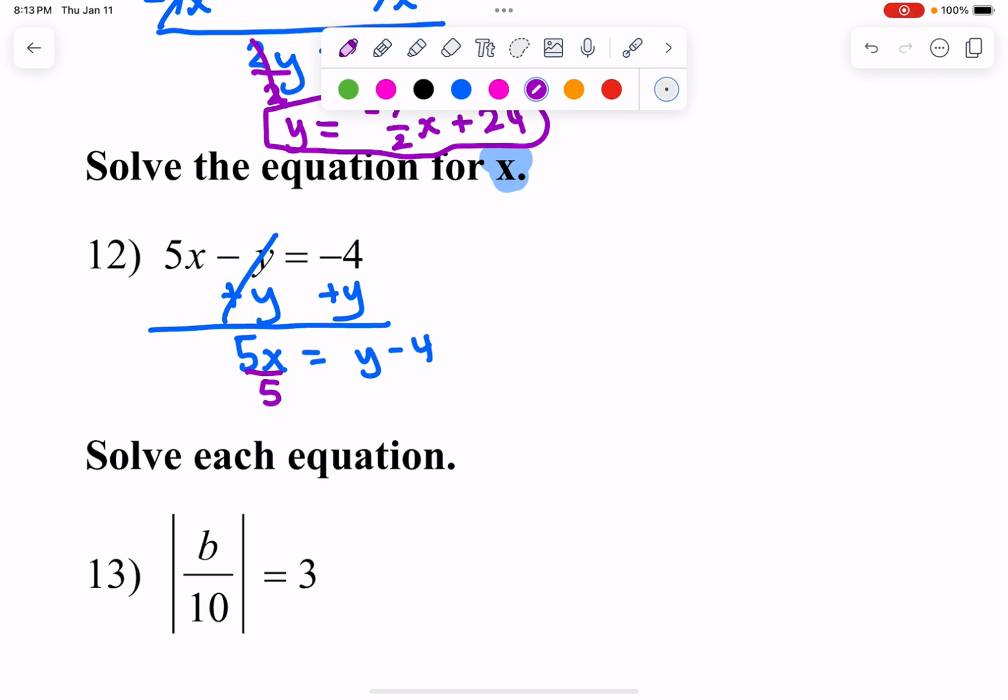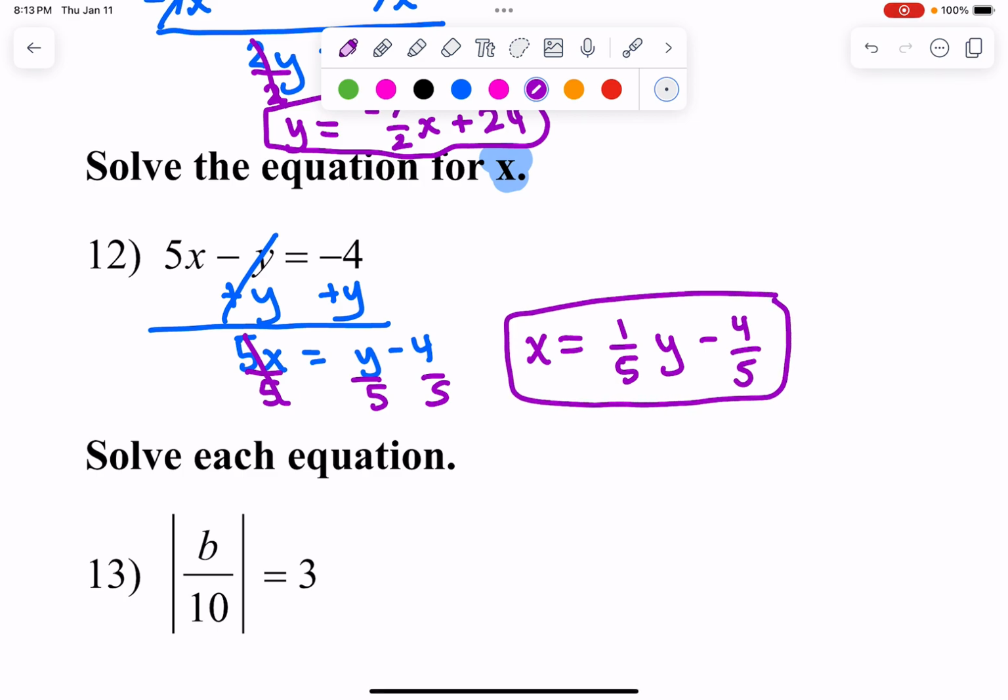Divide everything by 5. And this time, x is equal to 1/5 y minus 4/5. Most of these problems you'll be asked to solve for y, but every once in a while they'll throw in one like this where it says solve for x instead.